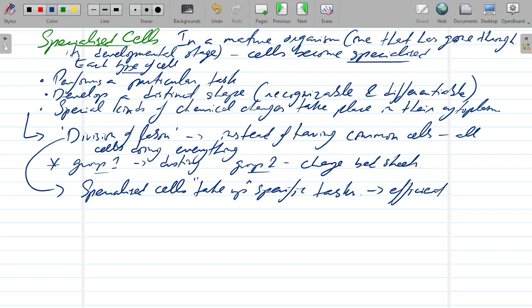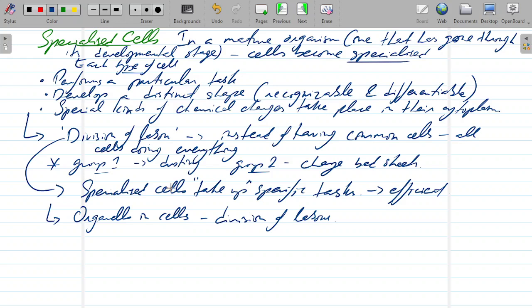These cells may or may not go on to form tissues like we talked about. This division of labor also hints towards the organelles in cells. You have the mitochondria producing the energy and the ribosomes synthesizing proteins, and so on. So that is also an example of division of labor.